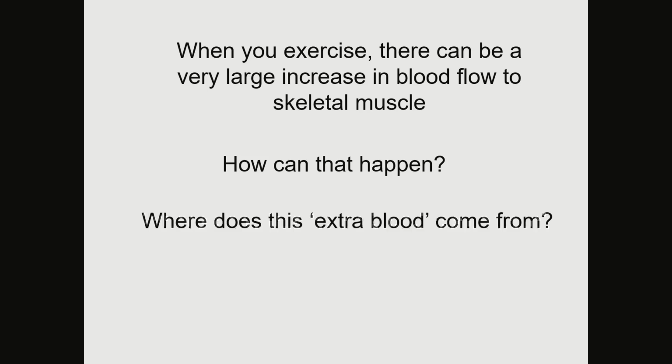So where does this extra blood come from? Well, we need to shunt blood from someplace. Maybe our GI tract, because I'm exercising, hopefully I'm not eating. So maybe from our GI tract to our skeletal muscle.